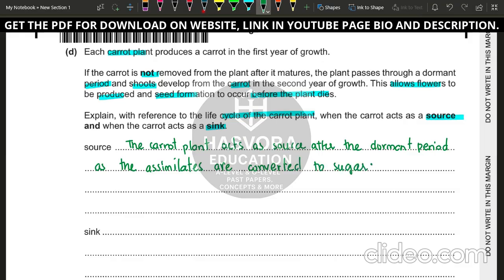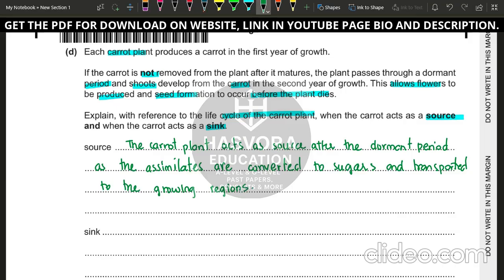It is converted to the sugars and transported to the growing regions. For example, the assimilates also contain amino acids, so they are needed at the growing regions. Because the cell content is made from the protoplasm, and the main component of it is amino acids, they are transported to the growing regions.